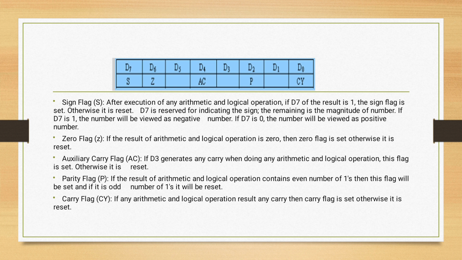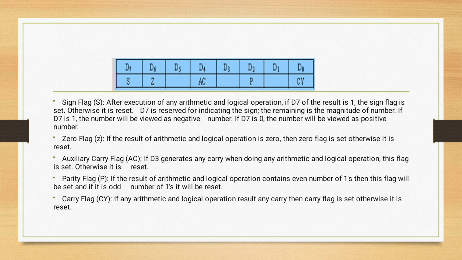So these are the bit positions of the flag register: D0, D1, D2, D3, D4, D5, D6, D7. This is also an 8-bit register, and if we observe this diagram carefully, we can see that bit 0 or D0 is for carry status.